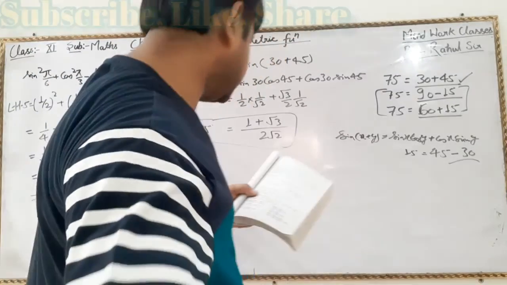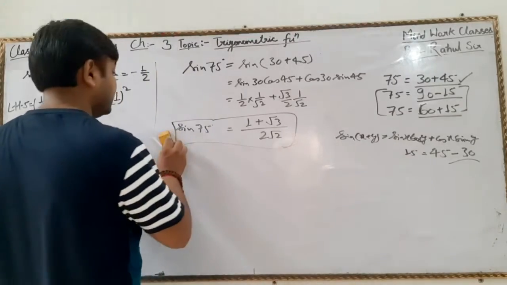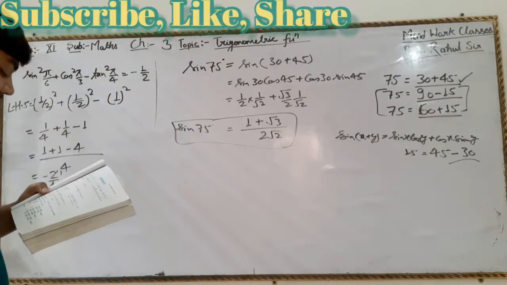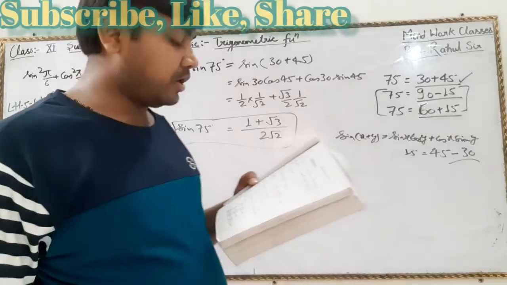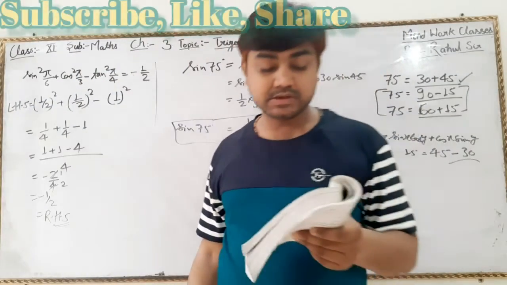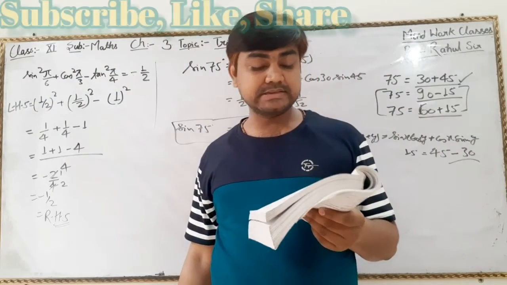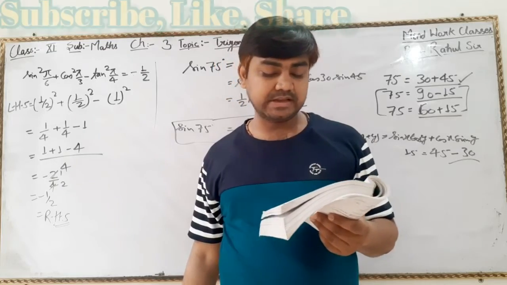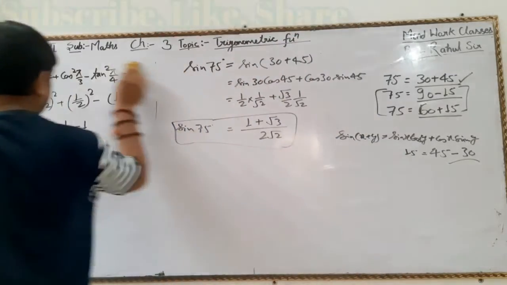Now question number 6. Cos (pi by 4 minus x) cos (pi by 4 minus y) minus sin (pi by 4 minus x) sin (pi by 4 minus y).